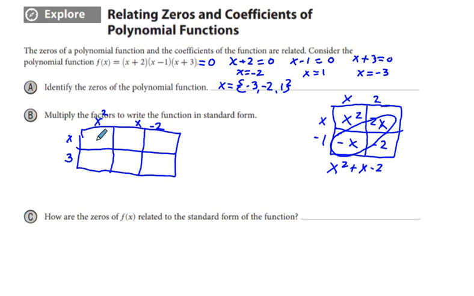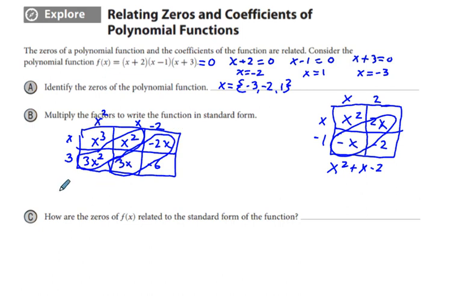So you have x squared times x, which is x cubed. X times x, x squared. X times negative 2, which is negative 2x. And then 3 times x squared will be 3x squared. And 3 times x is 3x. And 3 times negative 2 is negative 6. And we can combine these like terms in this manner. I'm encircling the like terms here.